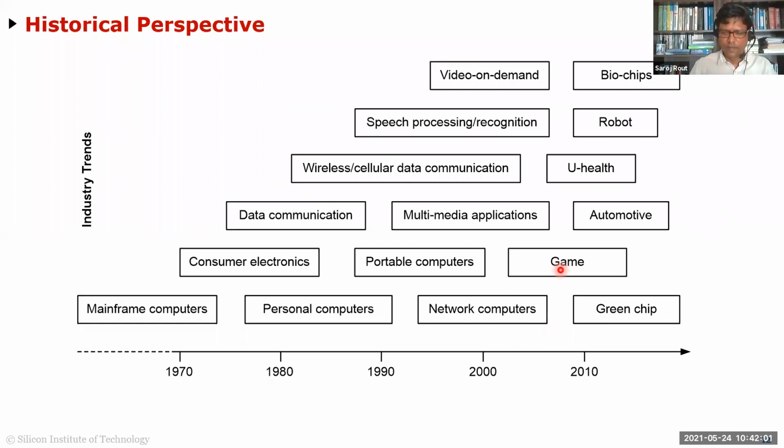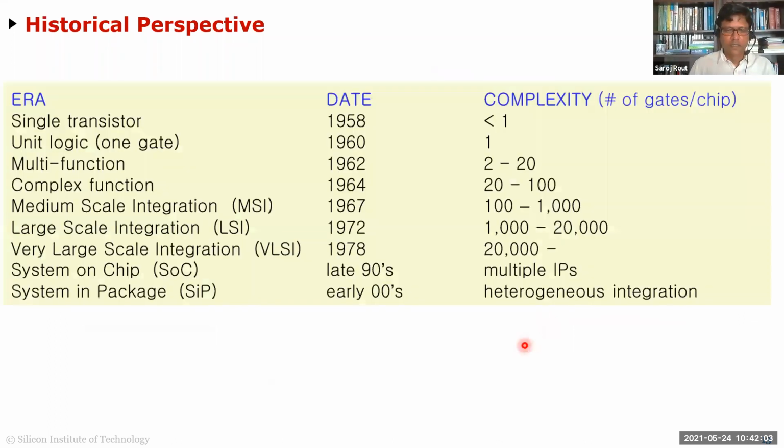Okay. And you can see it started with a single transistor in 1958. Around 1960 it went from less than one, which means it was just a device, one gate. Around 1964 you see devices as high as 100.